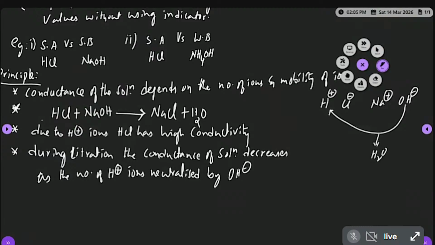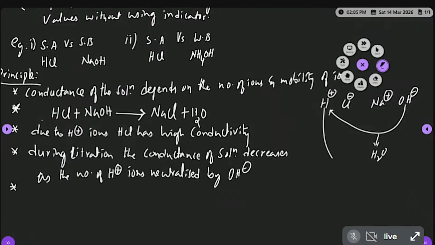Okay, and next. So the conductance values decrease and reach a minimum. Okay, and after that, the number of H plus ions gradually decreases, and after completion of H plus ions, what happened?